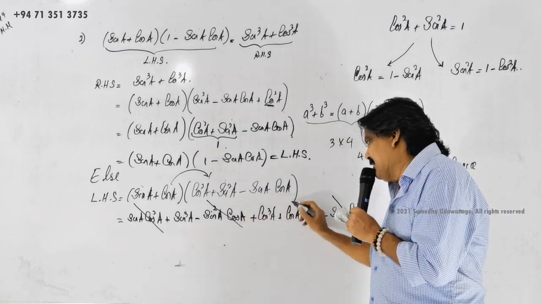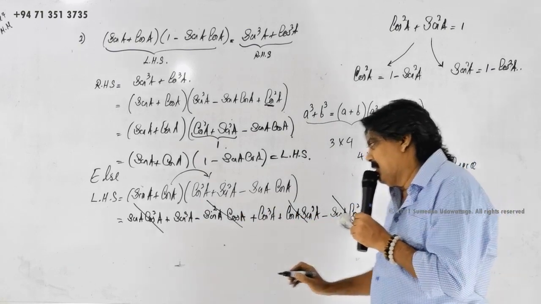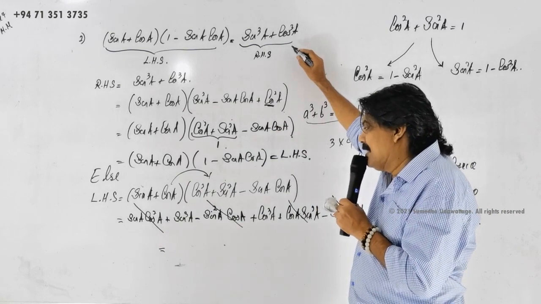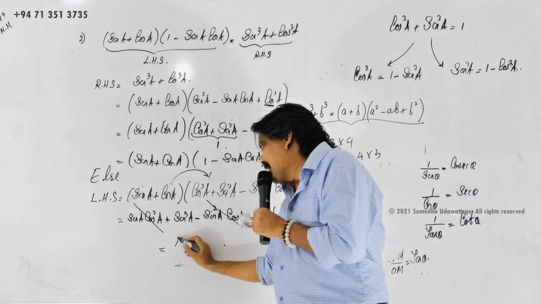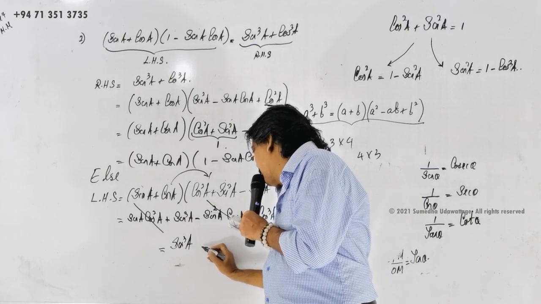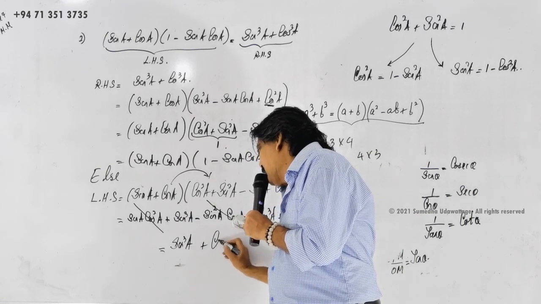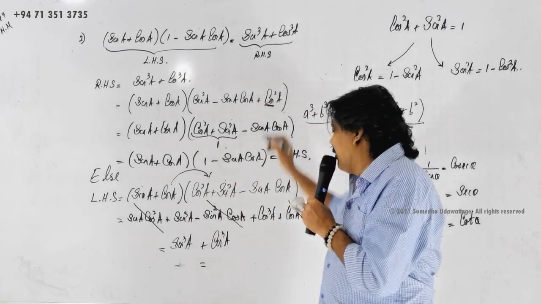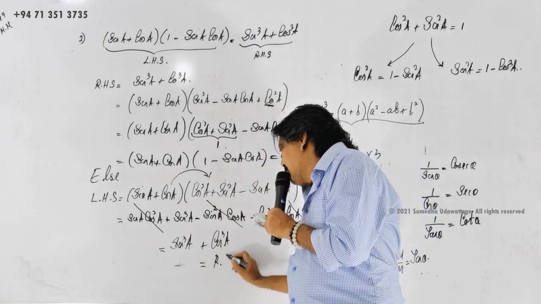This minus, this plus, it gets cut. The value you need is remaining, that is sine to power 3A plus cos to power 3A, that is the right hand side.